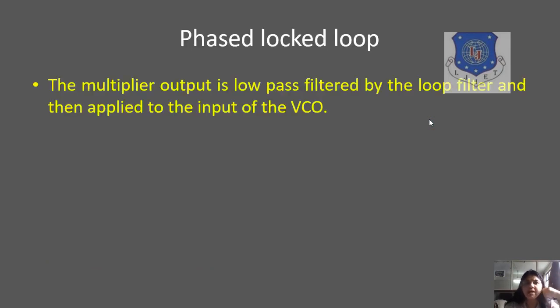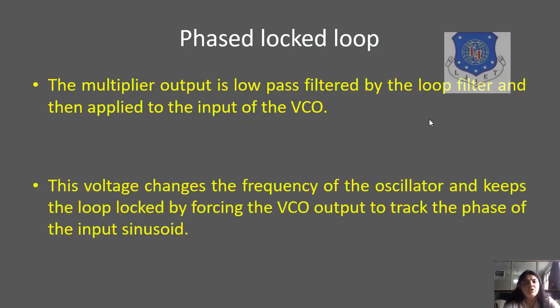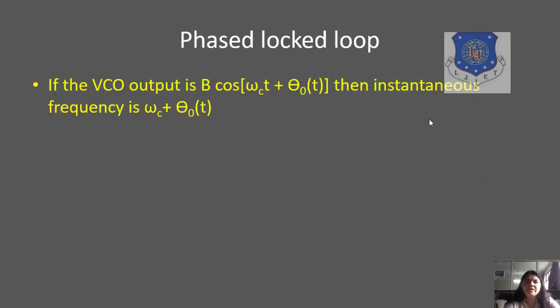So the multiplier output is low pass filtered by the loop filter and then applied to the VCO. The voltage changes the frequency of the oscillator and keeps the loop locked by forcing the VCO output to track the phase of the input sinusoid.